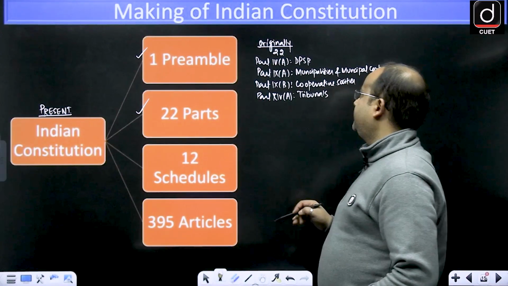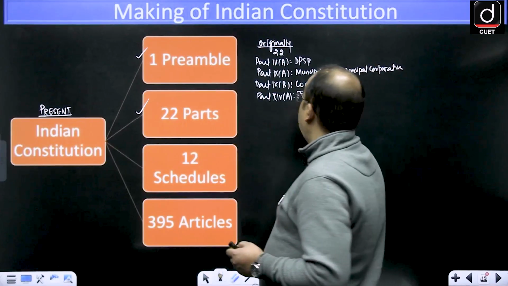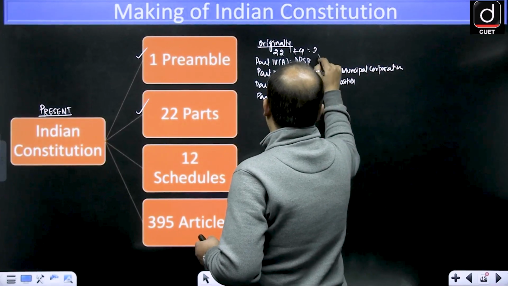So 22 original plus these 4 will make 26.